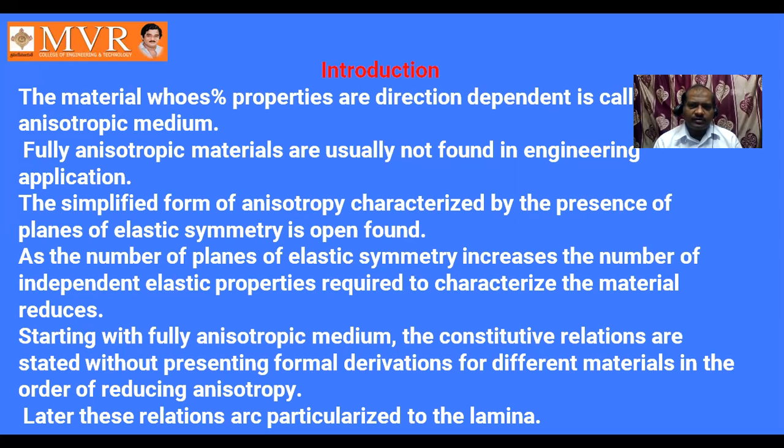Gradually it is going to be stopped. Like that, the material application is limited to certain areas, for 100 kgs or 200 kgs. More than that means you have to increase the size and shape. Like that, a limitation is there for any material. That limitation says that fully anisotropic materials are not found in engineering applications.